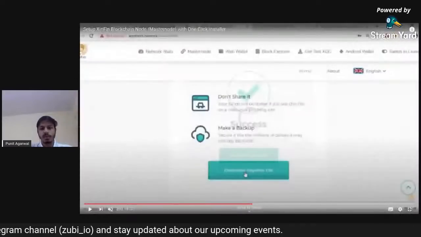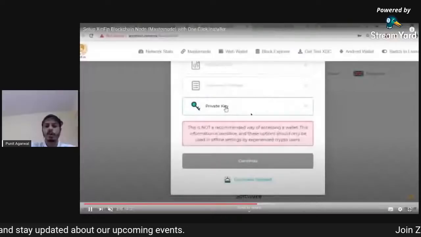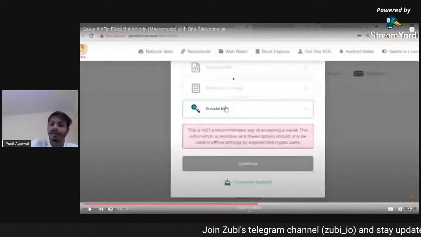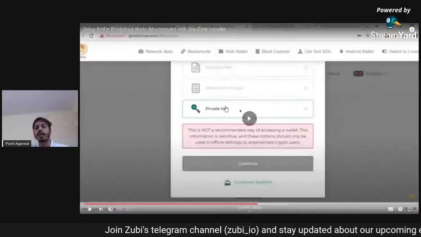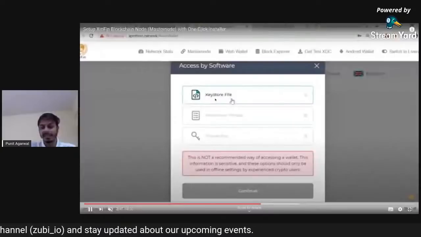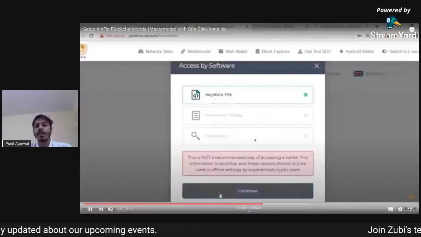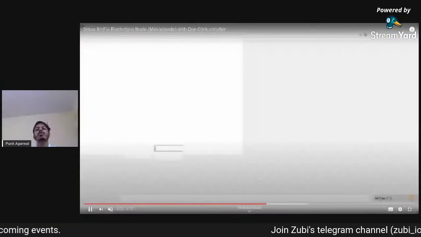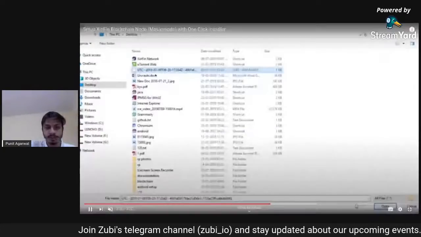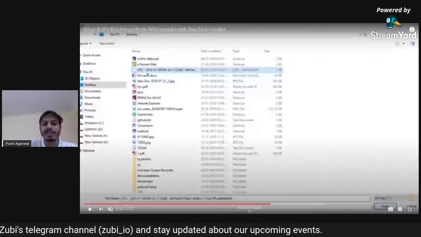When I want to access my wallet, I'll have 3 options. I can access it by keystore, by mnemonic, or by private key. So let's access it by keystore. I'll click on it and click on continue. I'll have to give it a file. You see there is a UTC kind of file.